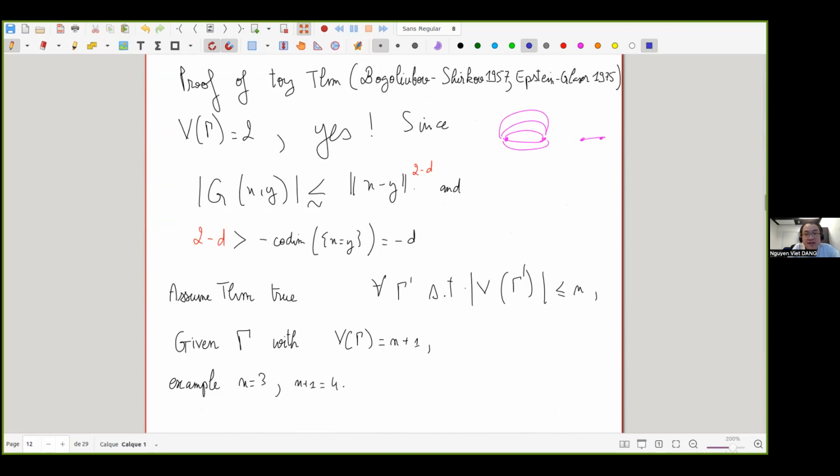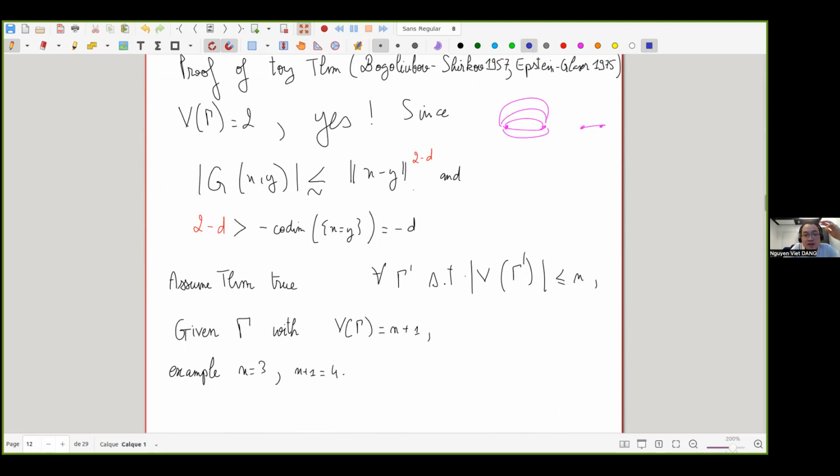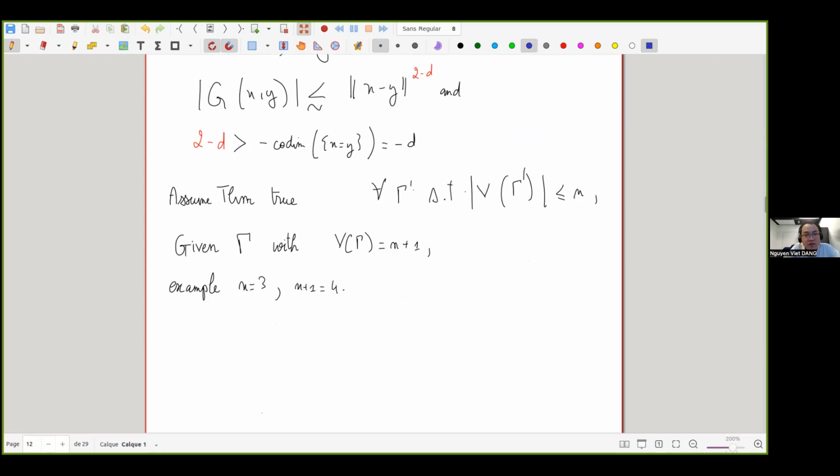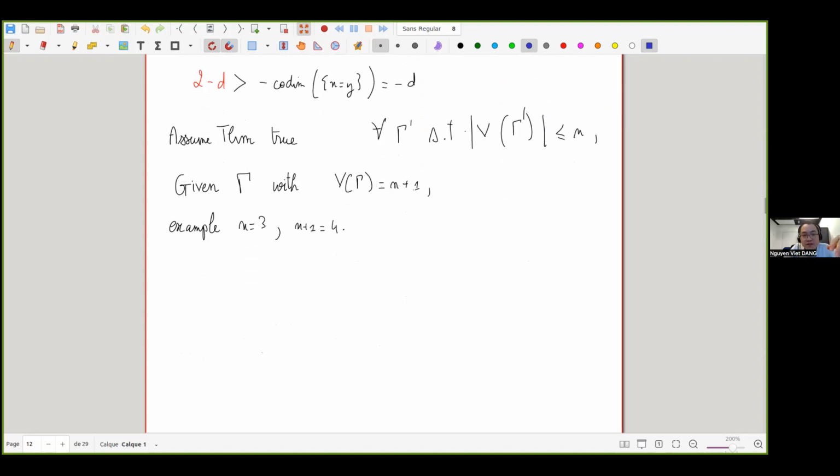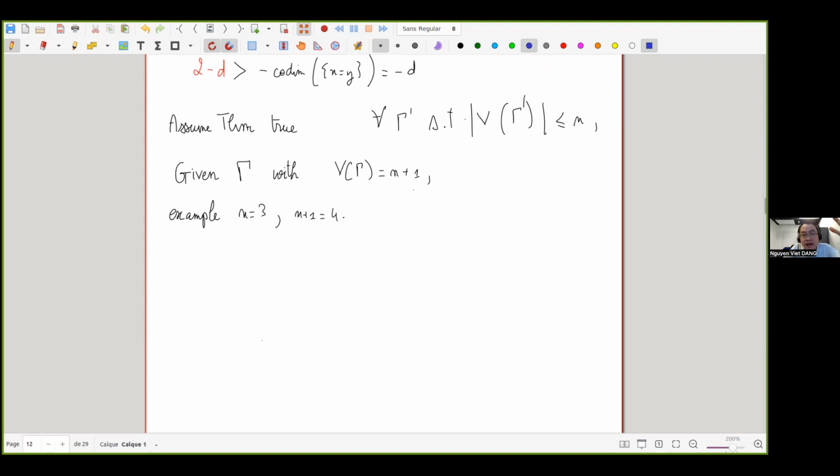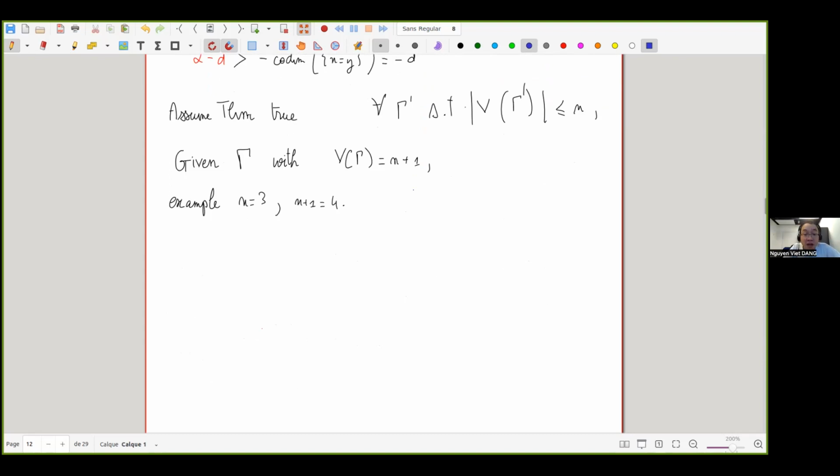So it's very easy to verify the theorem when you have 2 vertices. Now you assume by induction that your theorem holds true for all the possible Feynman graphs with n vertices, and you want to prove that it then holds true for all possible Feynman graphs with n plus 1 vertices.